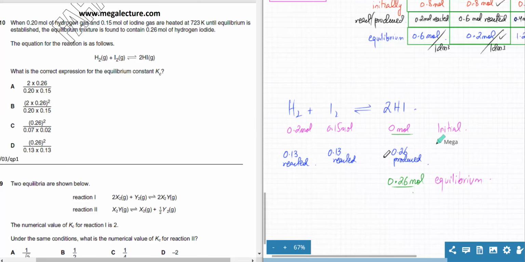So where did the 0.26 moles come from? They probably came from when these two reacted and produced HI, right? So to produce 0.26, how much I2 and how much H2 must react? It's 2:1. So to produce 0.26, it should be 0.13.